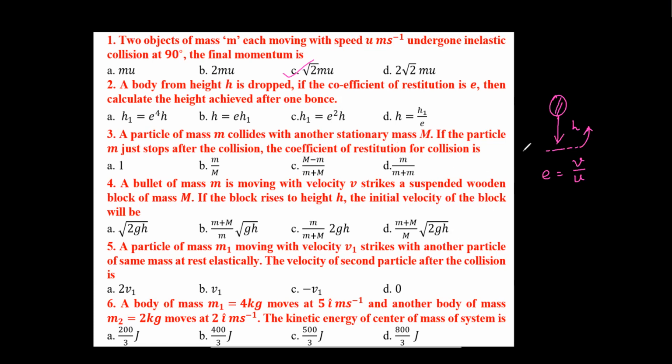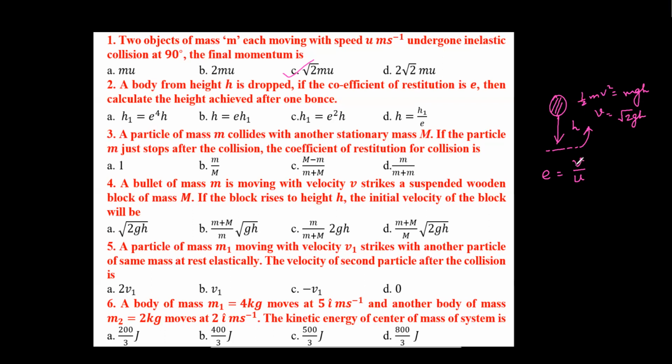When the object falls down, its kinetic energy, 1 by 2 m v square, comes from the change in its potential energy mgh, and the velocity while reaching the ground is going to be under root 2gh. This is the velocity with which it hits the ground.